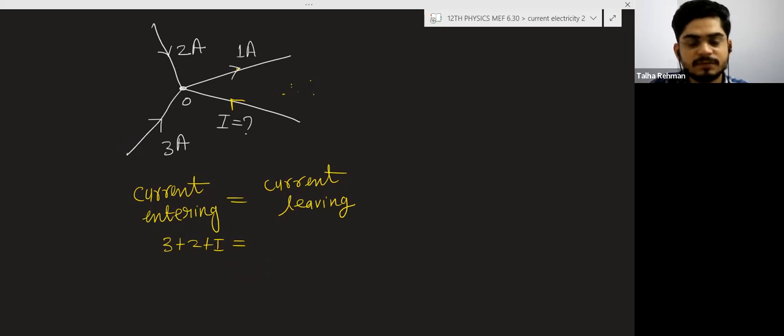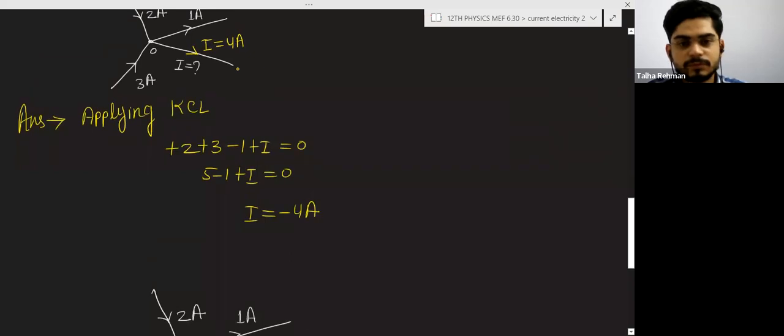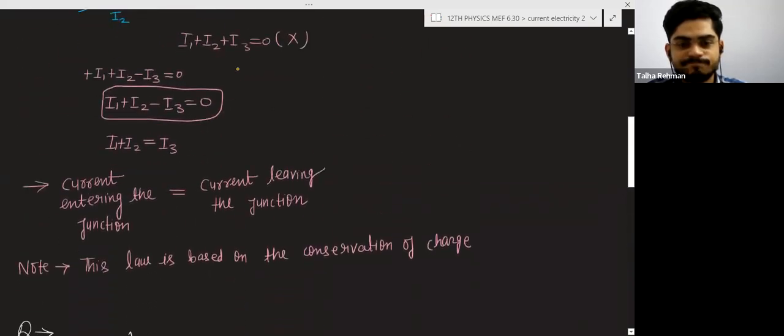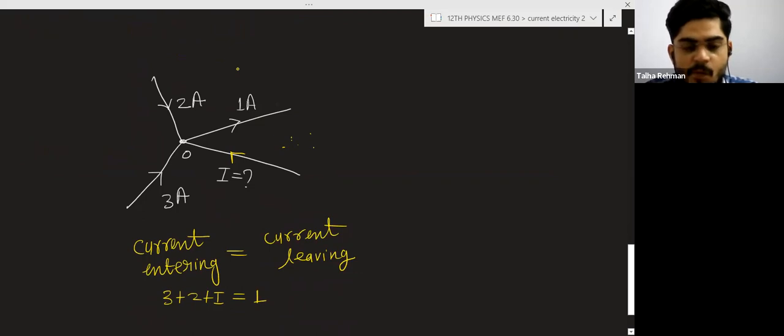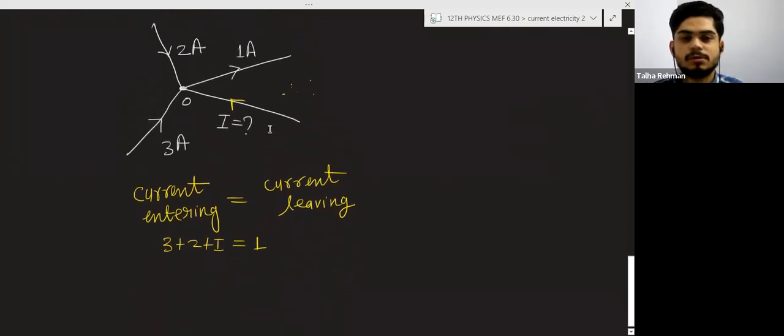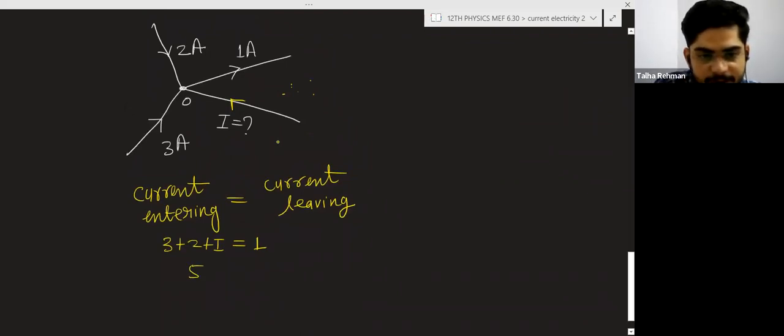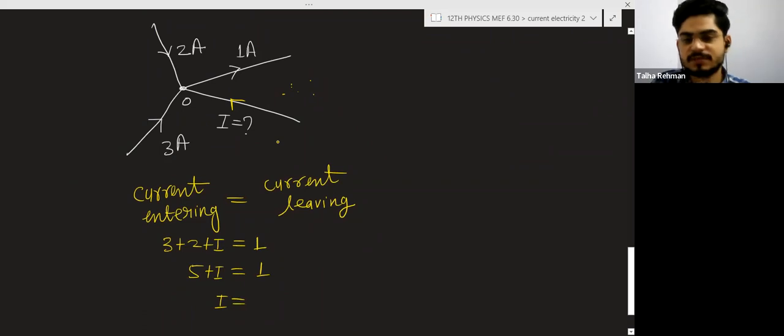This is current leaving now. So from here you will get 5 plus I is equal to 1. So here you will get I is equal to, just listen first, 1 minus 5, and here you will get minus 4 ampere.